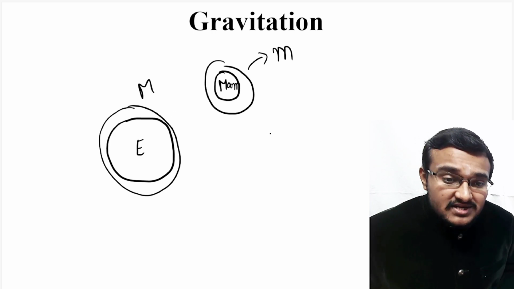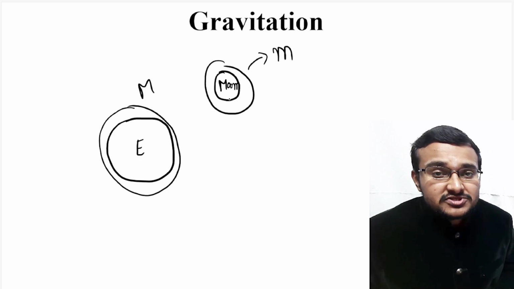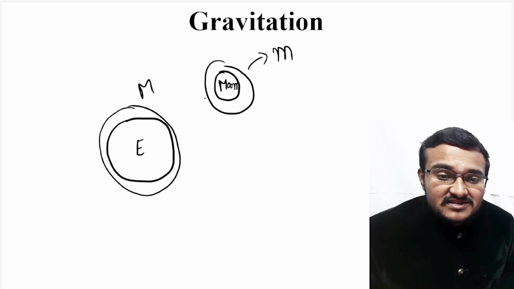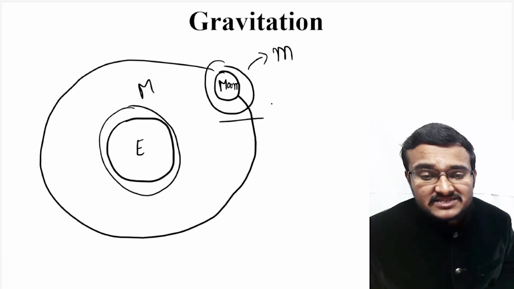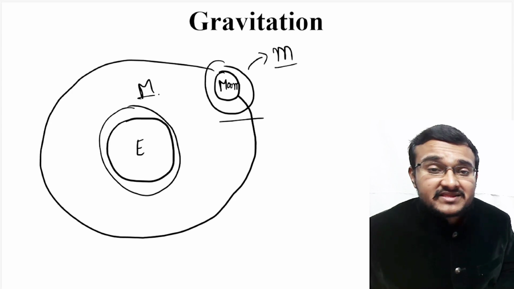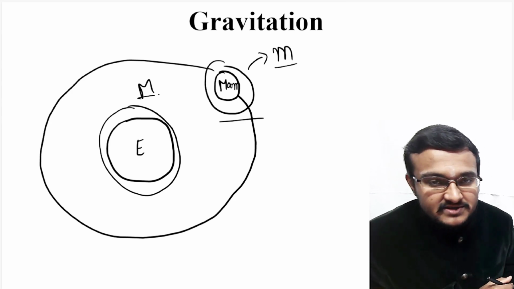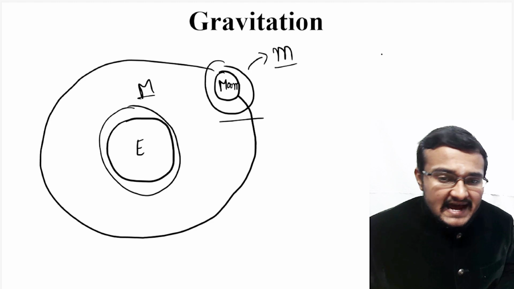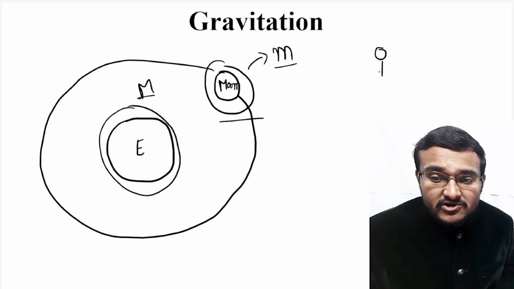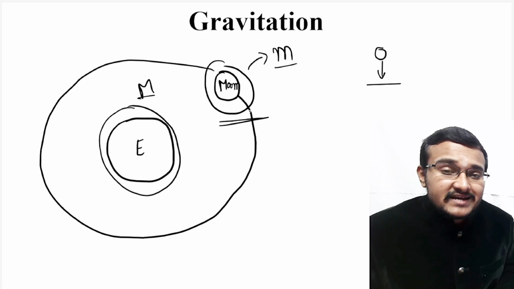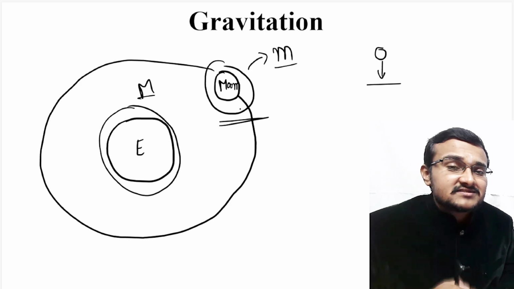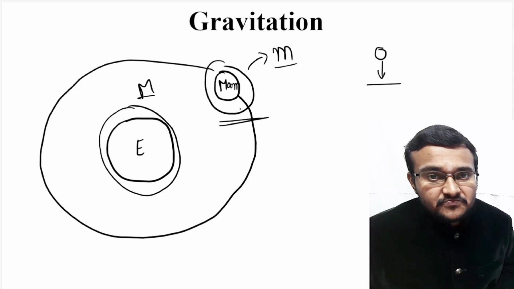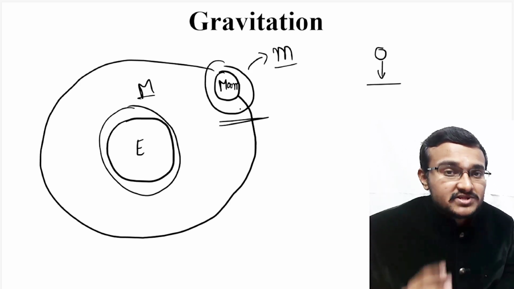Because earth's mass is very much larger than the moon's mass, earth is continuously pulling the moon towards its surface. If the moon has very much lesser mass than earth, then why is the moon not falling onto the earth? Because as we noticed, the apple, which has very much lesser mass compared to earth's mass, falls onto the earth's surface. But the moon is at a certain distance from earth, and still earth's gravitational force is influencing the moon, but still the moon is not falling onto the earth.